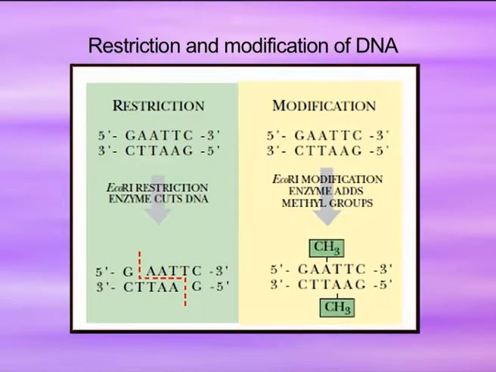Now let us move to how the bacteria prevents itself from being cleaved by restriction enzymes. Most of the restriction enzymes reported to date have been discovered mainly from bacteria and archaea. So, the bacteria must prevent its own DNA from being cleaved by restriction enzymes.